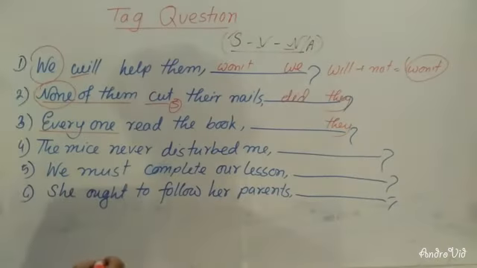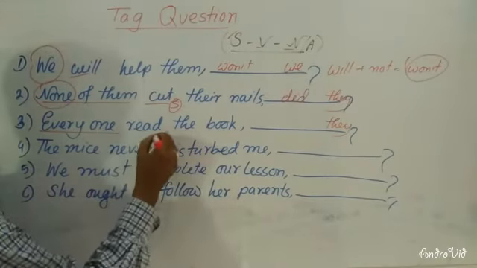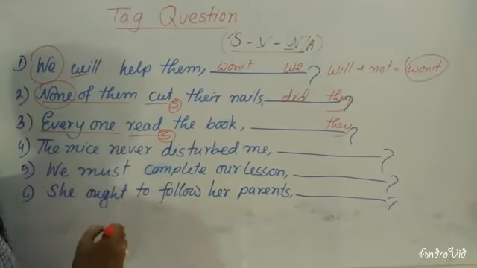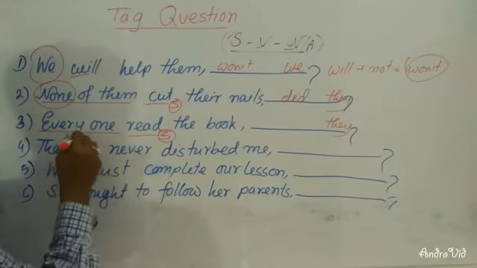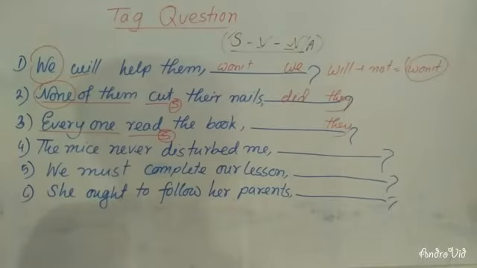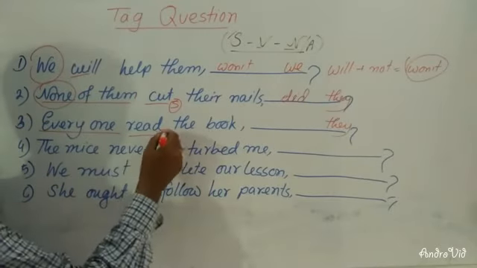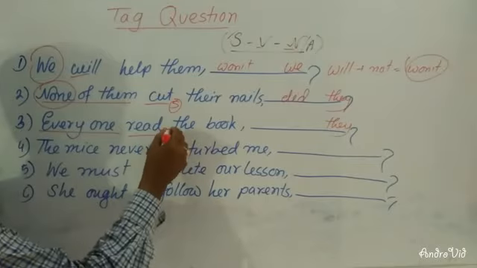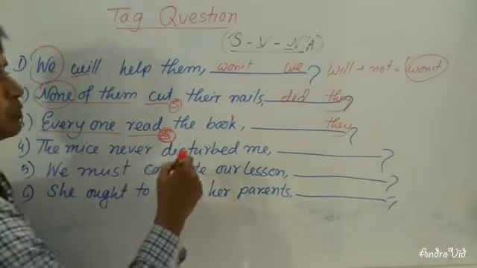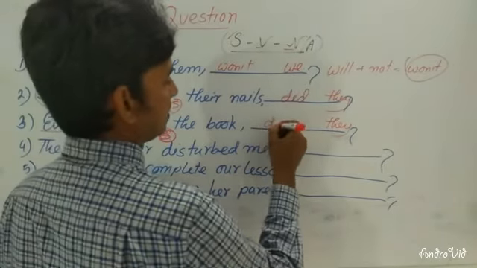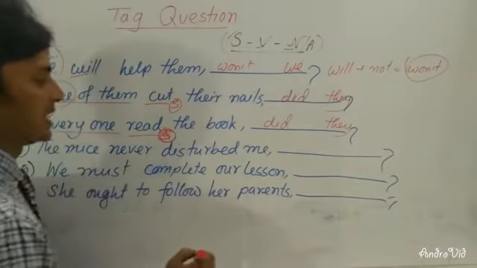As there is no s or es, it indicates third person singular individually. If this were present tense, then there would be s or es. As there is no s or es, you will understand that this is past tense, so you will use did.